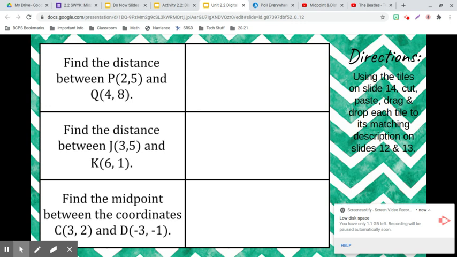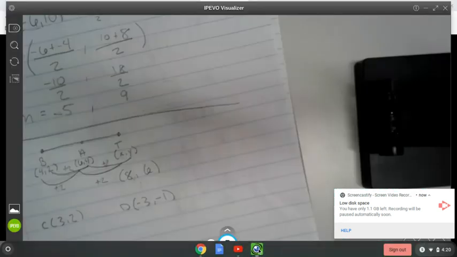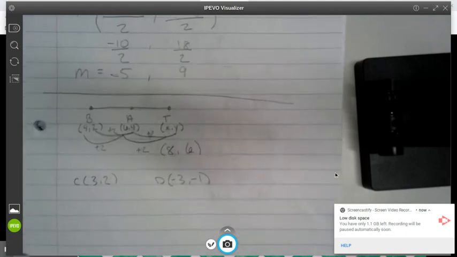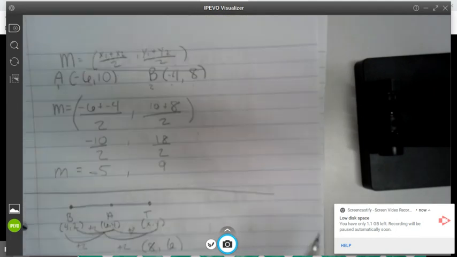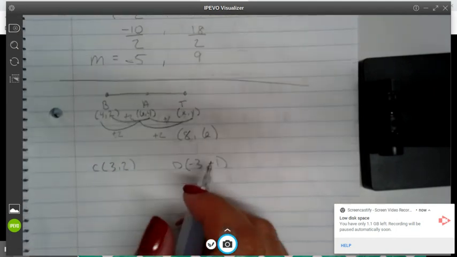I'm going to go back to my page that has my midpoint formula on it, and we're going to say point C is 3, 2, and D is -3, -1, and we're going to sub in for our midpoint formula. And since we're looking for the midpoint, we're going to get an ordered pair.